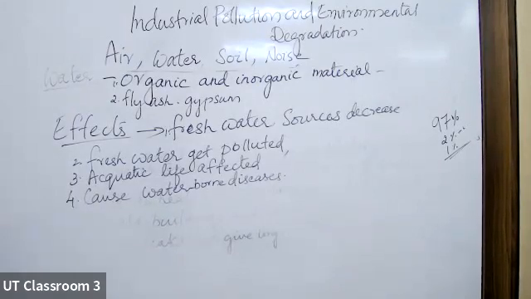Because of that, the soil gets degraded, reducing the fertility of the soil and leading to reduced crop yield. Then harmful chemicals in the soil can enter the food chain and damage our health. Health gets damaged by adding these unwanted things.